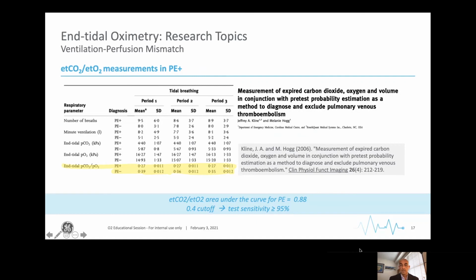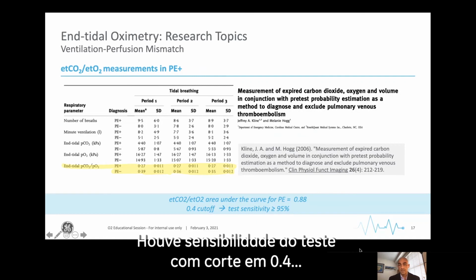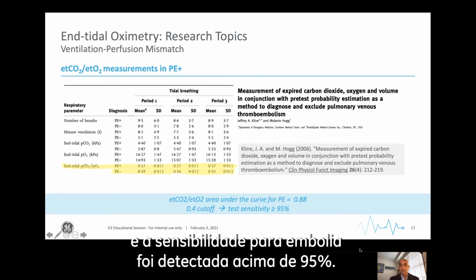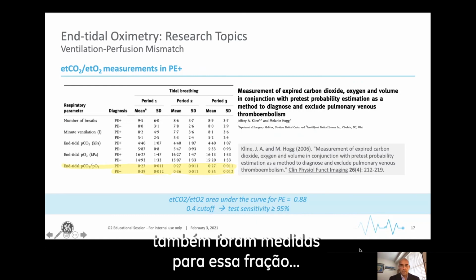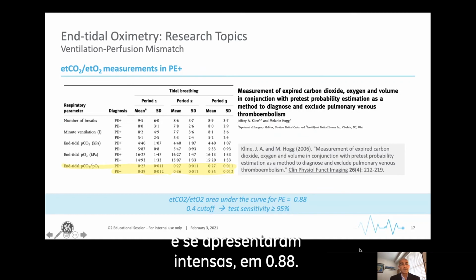There were test sensitivities for a cutoff of 0.4, and the sensitivity for a pulmonary embolism was identified to be greater than 95%. Receiver operator characteristic curves were also plotted for this ratio, and they're quite strong at 0.88.